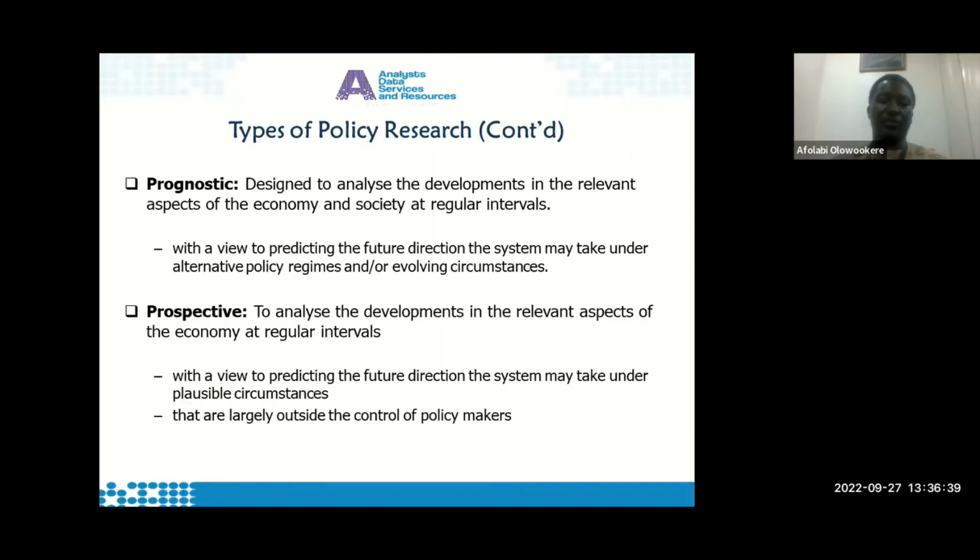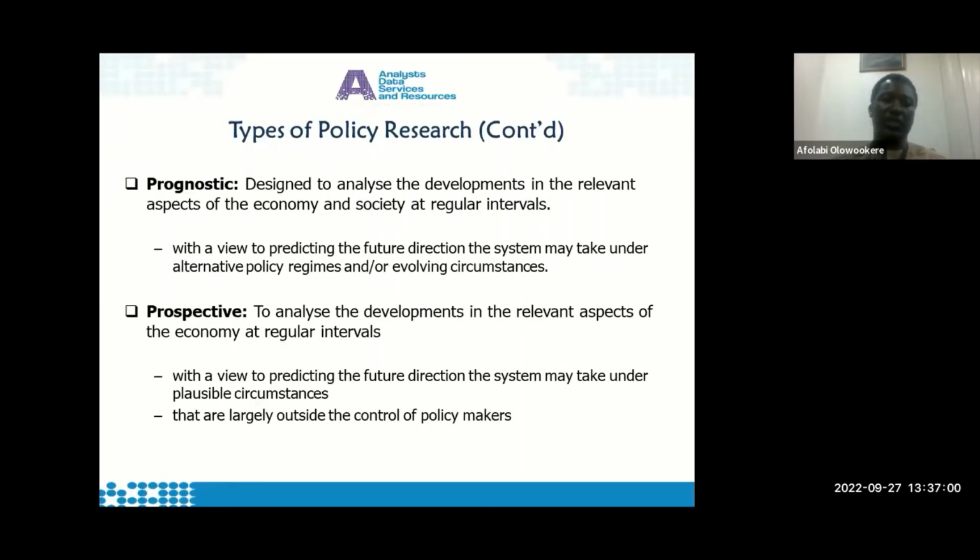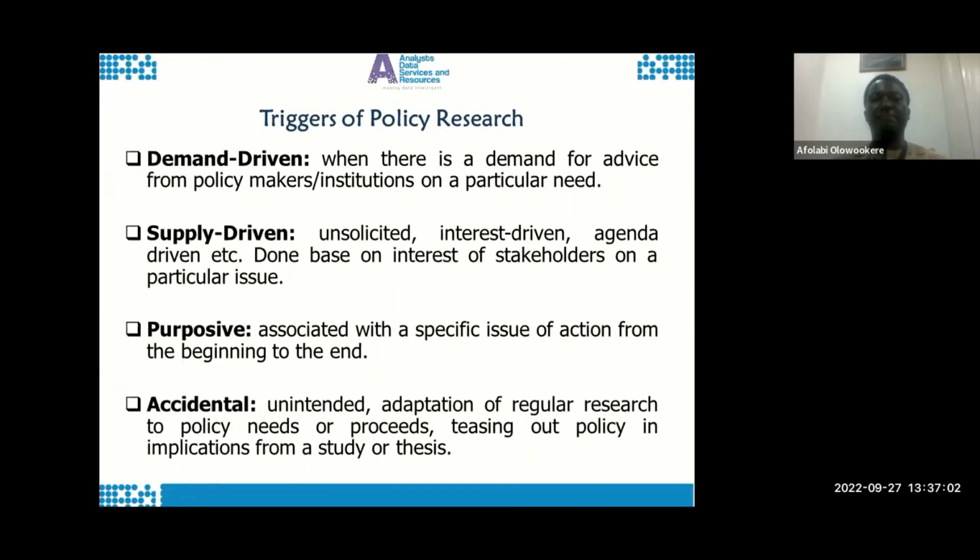The aim is that you want to predict the future. What will the system be under different possible circumstances, especially those that are outside the control of the policymaker. So when we talk about applied research or policy research, they can be surveillance or monitoring, evaluative, prognostic, and prospective.